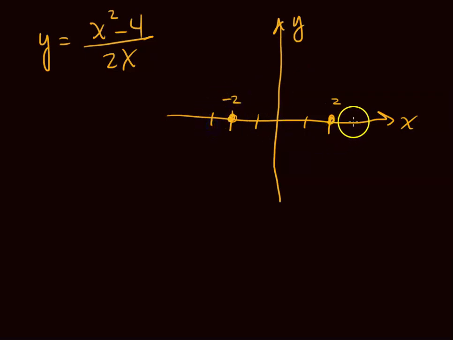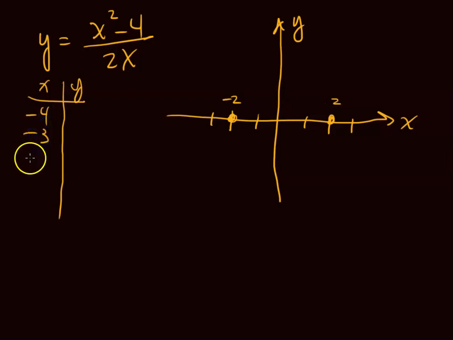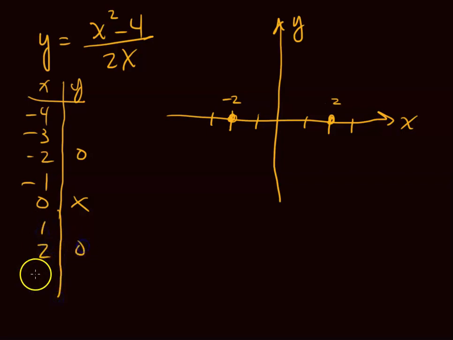Well, let's plug in some other points. If we plug in for x and figure out what y is: negative 4, negative 3, negative 2 we already know. Negative 1, there is no 0. 1, 2, we already know. 3 and 4. Sometimes it's good to go in these as far as opposites.